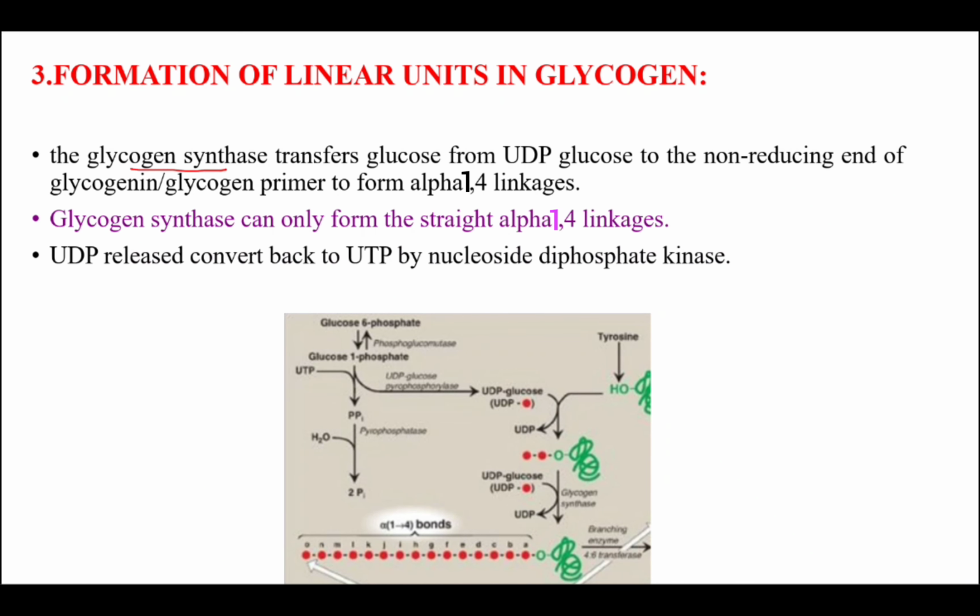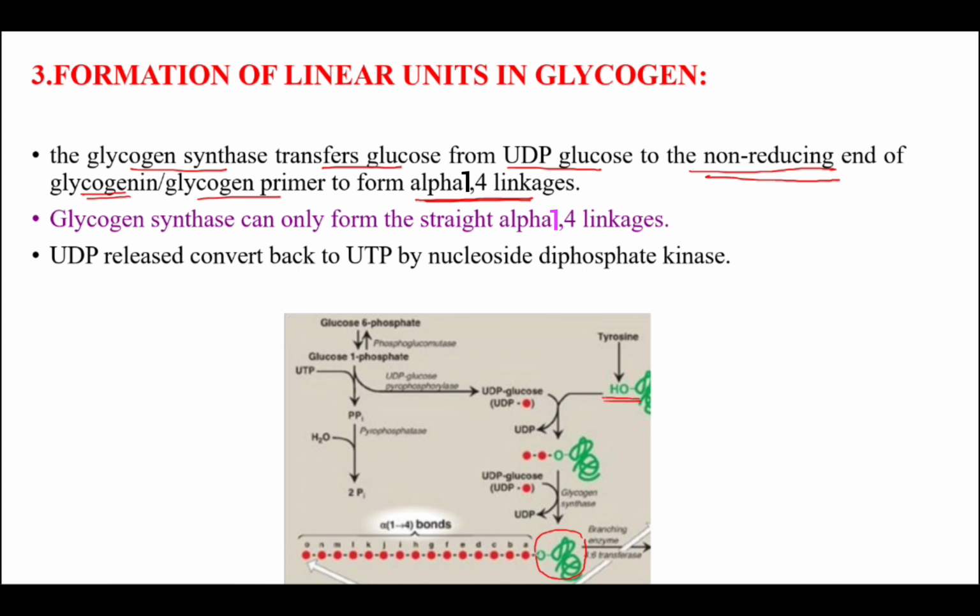Next is the formation of linear units. The glycogen synthase transfers glucose from UDP glucose to the non-reducing end of glycogenin or glycogen primer to form alpha 1,4 linkages. This is the glycogenin molecule, and the hydroxyl group of the tyrosine acts as the first acceptor of the glucose molecule, and this has one reducing end and one non-reducing end.